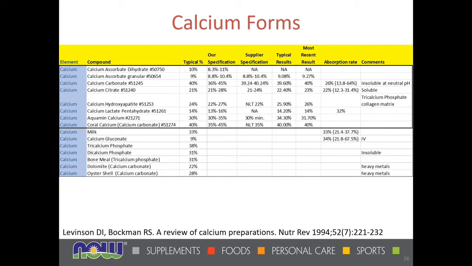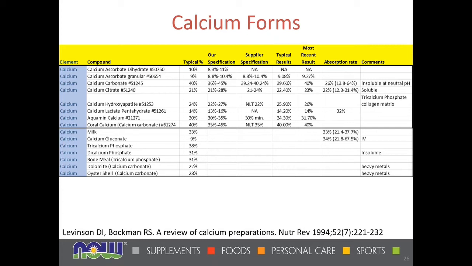The rest is vitamin C. Calcium carbonate, approximately 40% is calcium and about 60% is carbonic acid. On the citrates, there's about 21% elemental calcium and about 79% citric acid. So you can see that there's quite varying percentages between 9% and 40% of a calcium supplement that may be calcium.